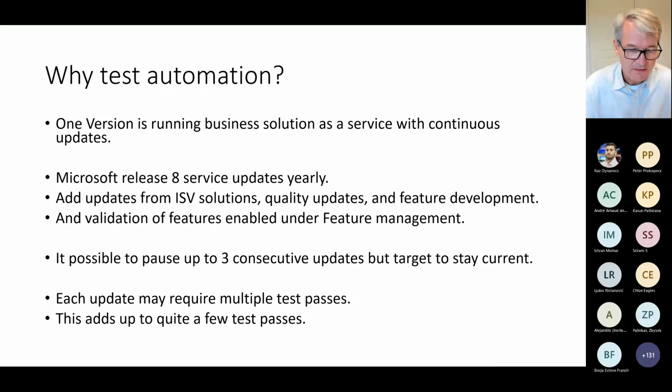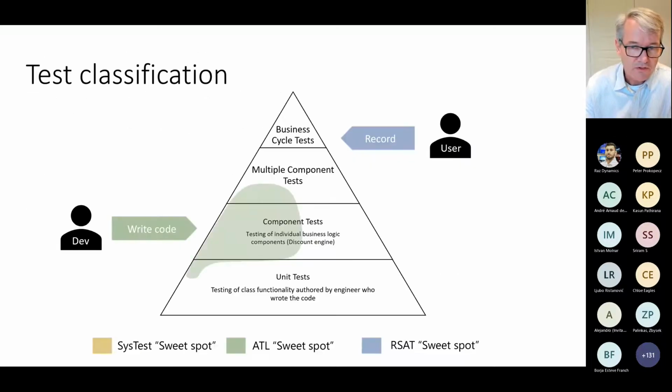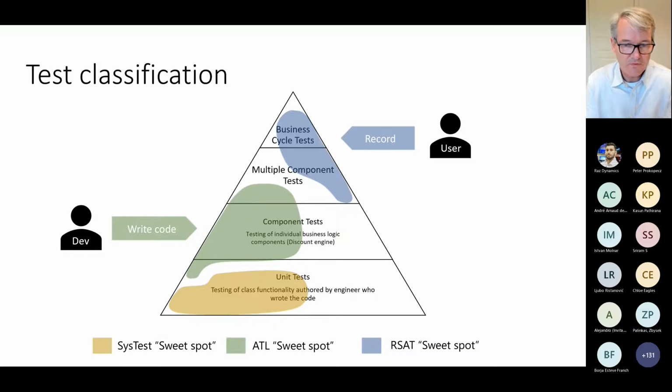Each one of these updates may require multiple test passes, and it adds up to a whole lot of test passes. So that's something to consider in how you manage that. Just to level set on the focus of this particular session, tests come in many forms and shapes. For those of you familiar with the development process, you would quite likely be familiar with development-driven tests like unit tests or component-type tests.